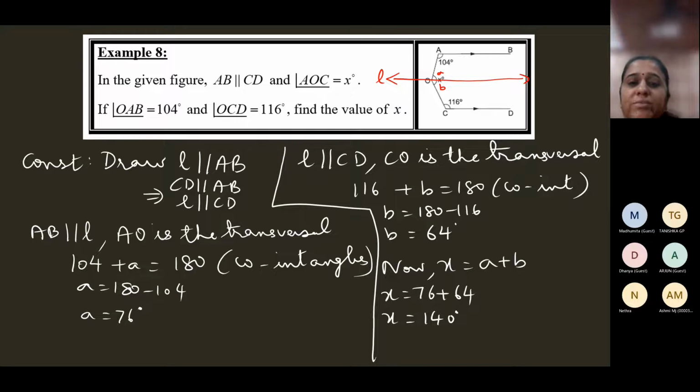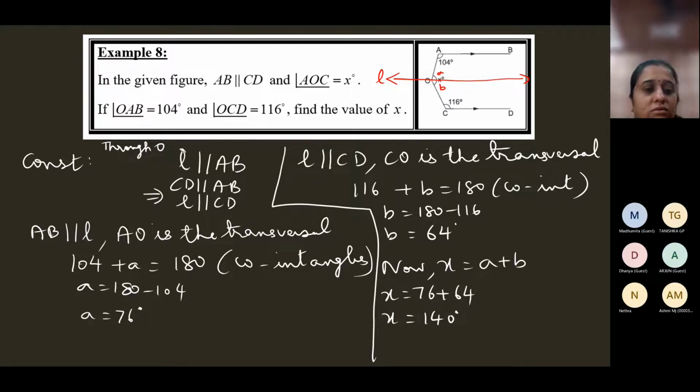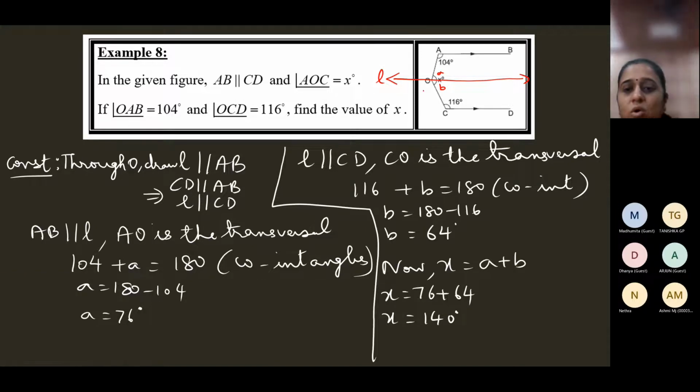All right, children. So here we have to take up a construction. The construction is through this point O. Through O, we need to draw a line L. You can name it anything.